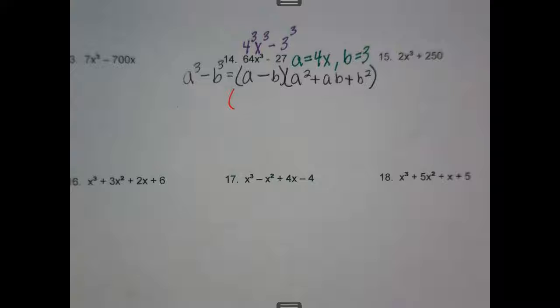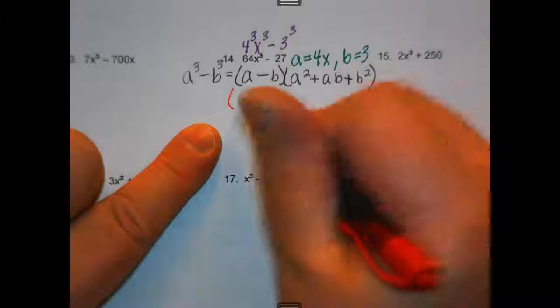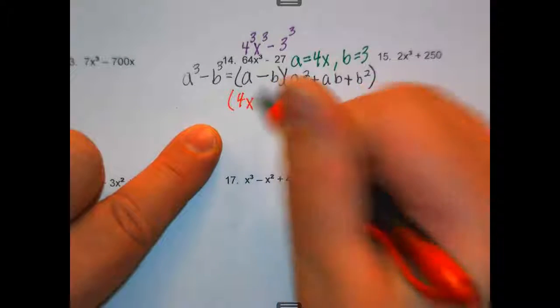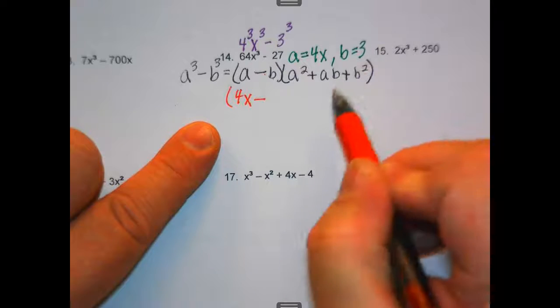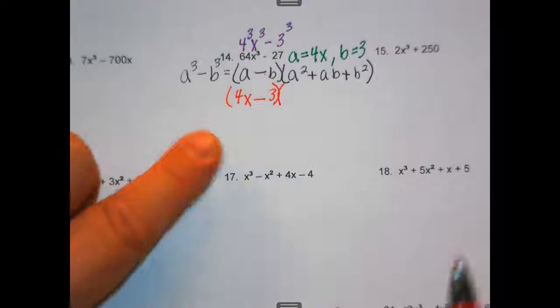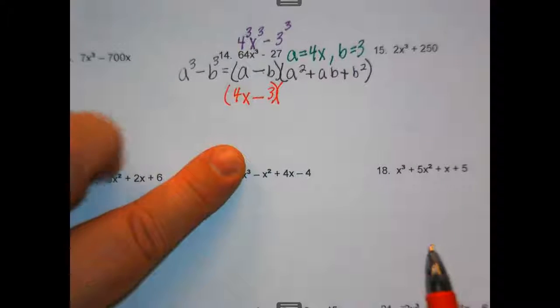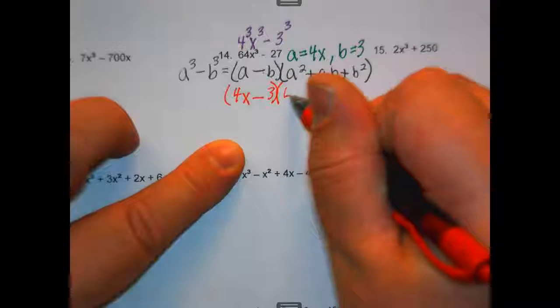I have my a minus b, which is 4x minus b, and my b is 3. Now, you think you guys are going to be able to do this on your quiz Thursday? A squared. So my a is 4x.